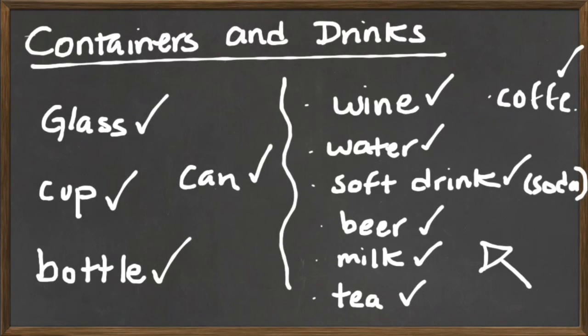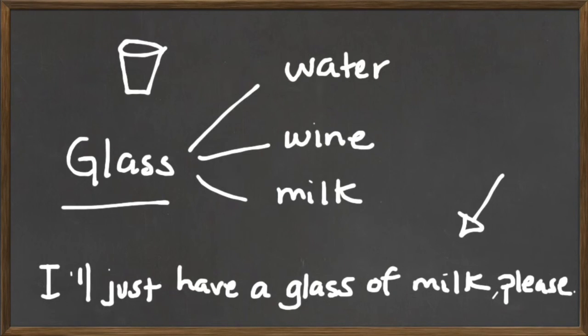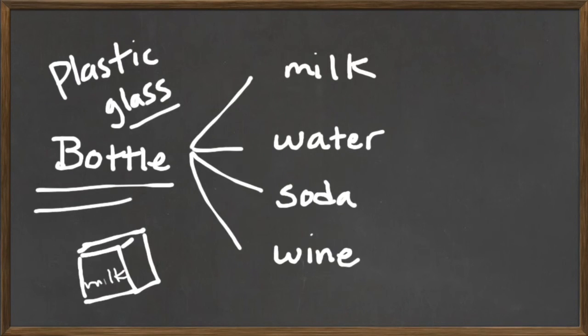Now we have containers and drinks. We have glass, cup, bottle, and can. And we have some examples of drinks such as wine, water, soft drink, which, don't forget, is soda, beer, milk, tea, and coffee. For glass, we normally use glass of water, glass of wine, glass of milk. For bottle, we have bottle of milk, bottle of water, bottle of soda, and bottle of wine.